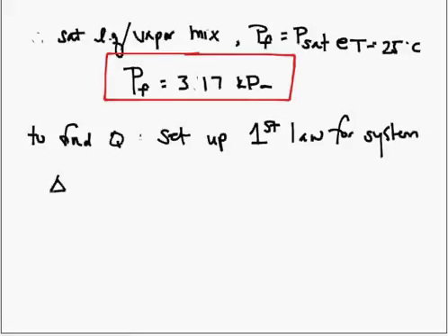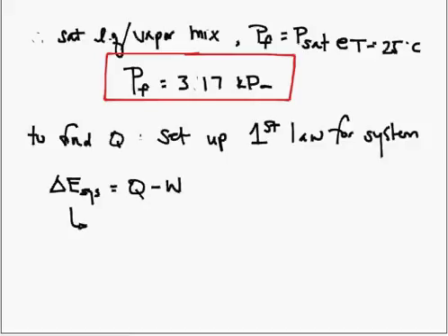So, for our closed system, we have the change in total energy of the system. I'm going to break this apart in just a moment, but our general form is change in energy of the system equals Q minus W.